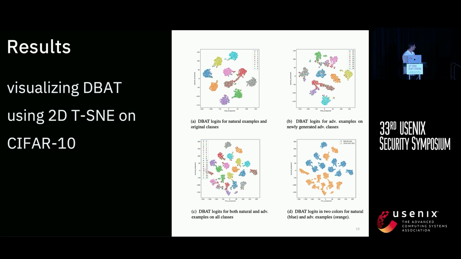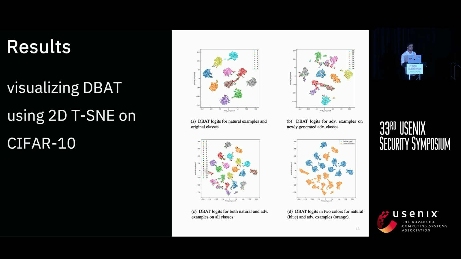Okay. Some more visualization. We wanted to see how the adversarial classes and natural classes look. So we visualize DBAT using 2D t-SNE on CIFAR10. On the top left, you can see the natural classes. On the top right, you can see the adversarial classes. On the bottom left, you can see both classes mixed together.